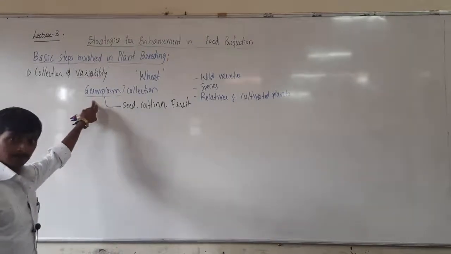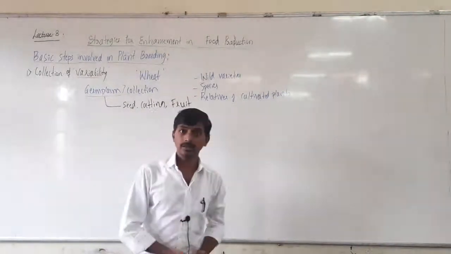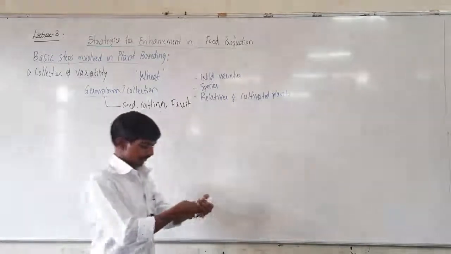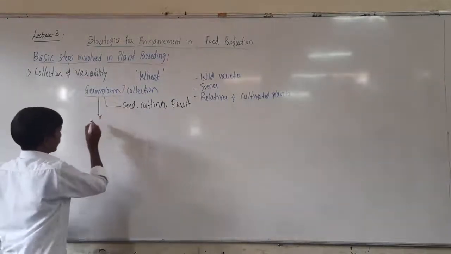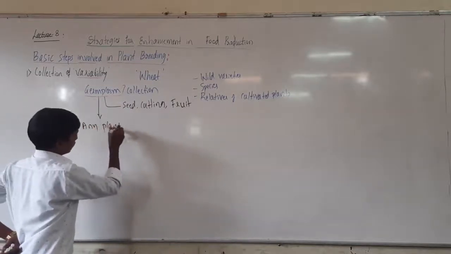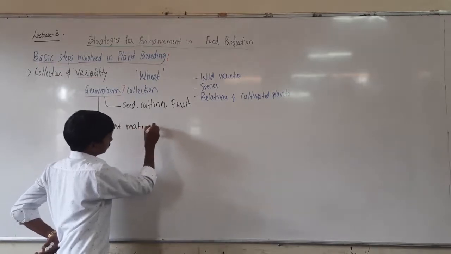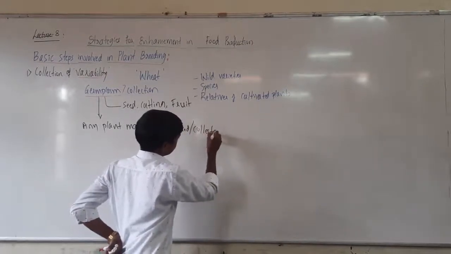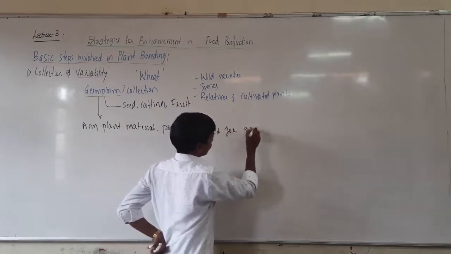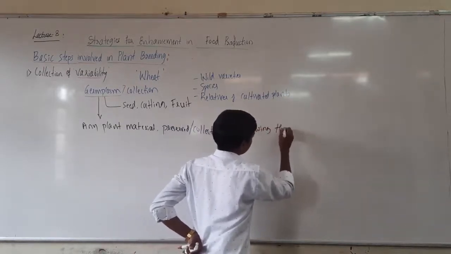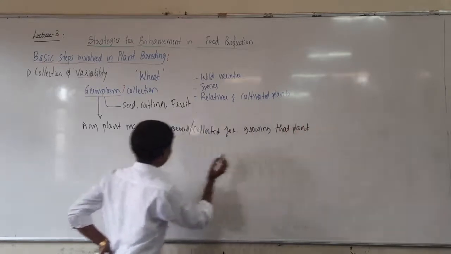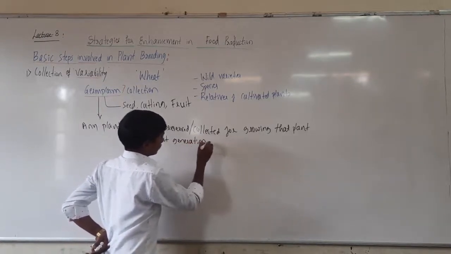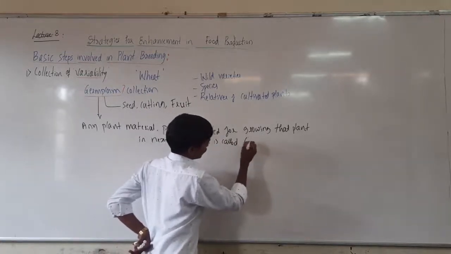Remember the word germplasm. It is any plant material preserved or collected for growing that plant in the next generation. Better we write: germplasm is nothing but any plant material preserved or collected for growing that plant in the next generation is called germplasm.